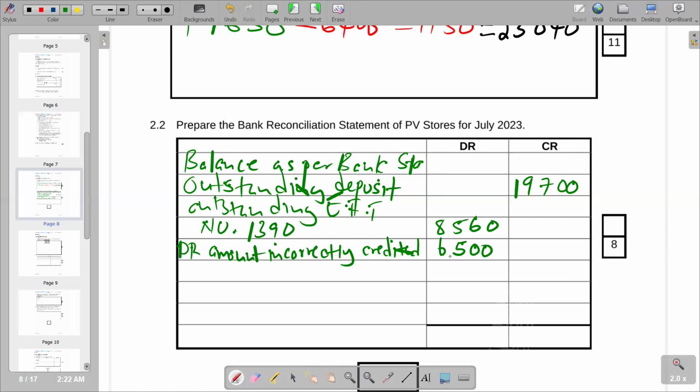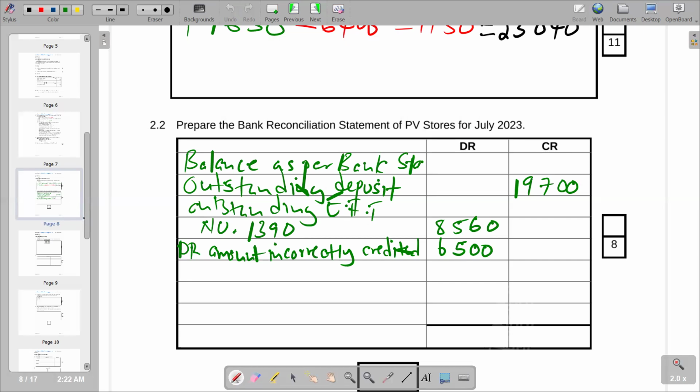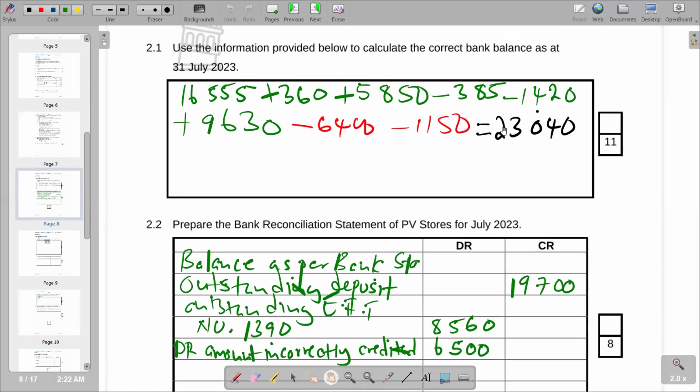So basically, that's what we have. And then from there, we see if we've got any other adjustment that needs to be done. But you see that we've exhausted everything, so we can just try to balance now by saying we now take the balance that we have as our closing balance. This is now the balance as per the bank account. That should also be the closing balance in the bank reconciliation.